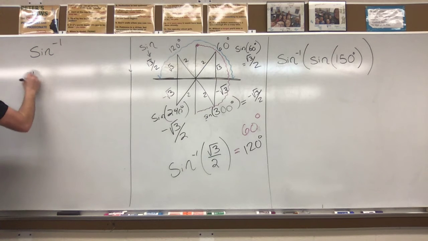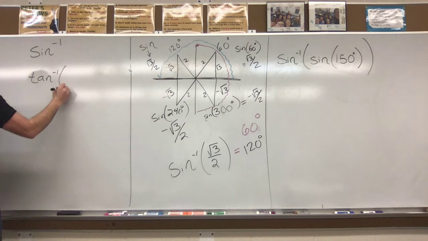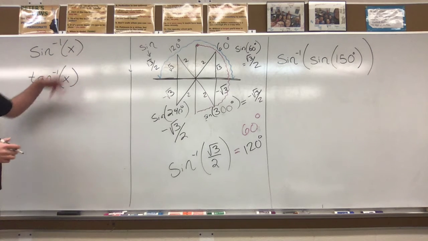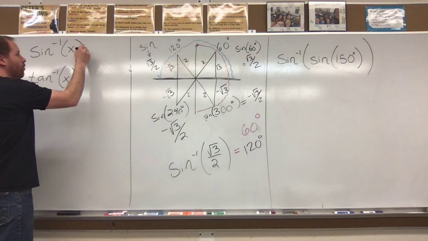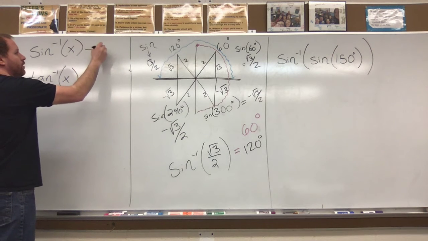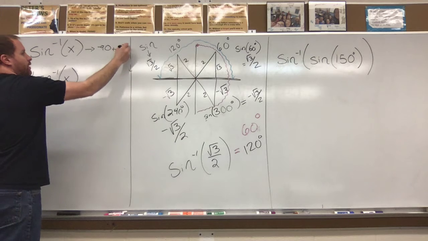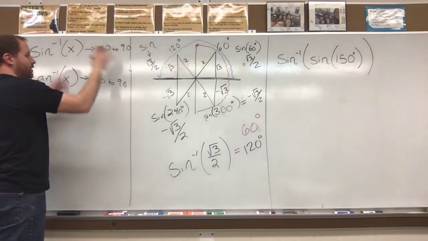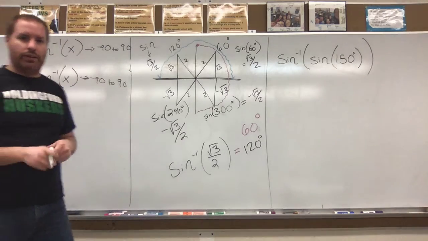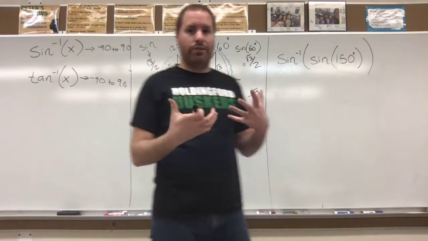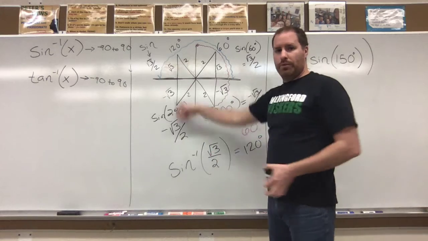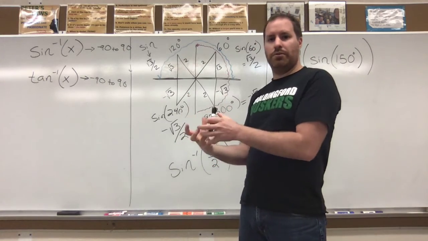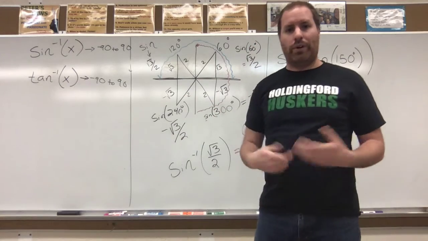Sine inverse and tangent inverse of whatever our proportion is, remember, this could be a fraction in here, will only give you answers from negative 90 to positive 90. Same with tangent. That's the only possibility that your calculator can give. And then when we're solving equations, we have to interpret that there might be multiple possibilities. We use our calculator to get the first initial one, and then we go around and figure out where else they could be.